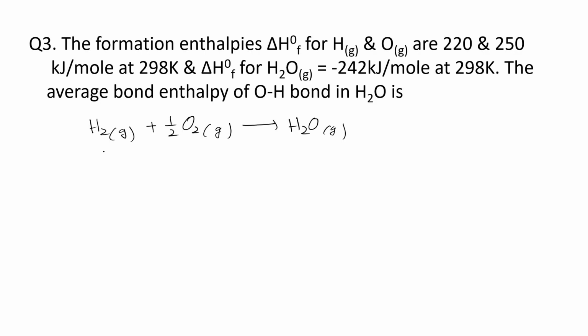They have given the formation value for the hydrogen atom in gas, and here two hydrogen atoms are forming, so this value will become 220 into 2. Here delta H will be 220 into 2, right?